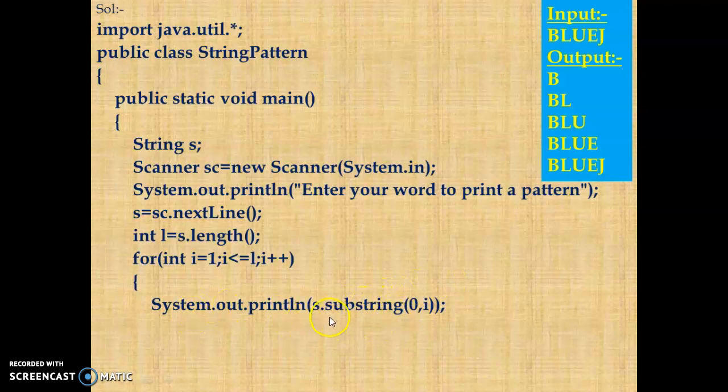So first you come to this part. S is our string name and substring is a string function which takes a part of the string, and we have to mention from where we have to start and up to which character we want to take.